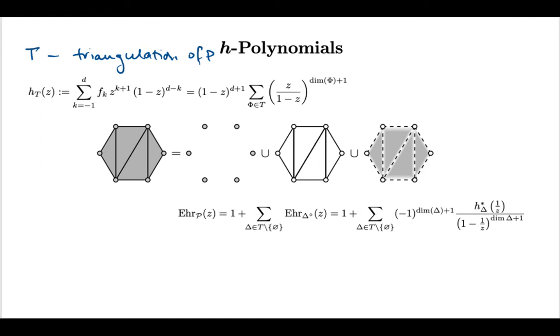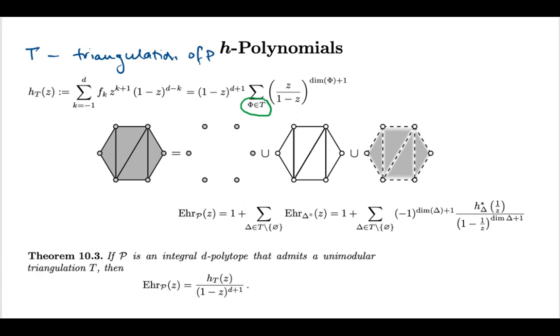So I claim my h polynomial can be written in this sort of rational function-looking form, where I'm summing over all simplices in my triangulation. And so this form of the h polynomial appears naturally when you simplify the expression that we have here for the Ehrhart series. And this gives rise to the theorem that we talked about in the previous video.